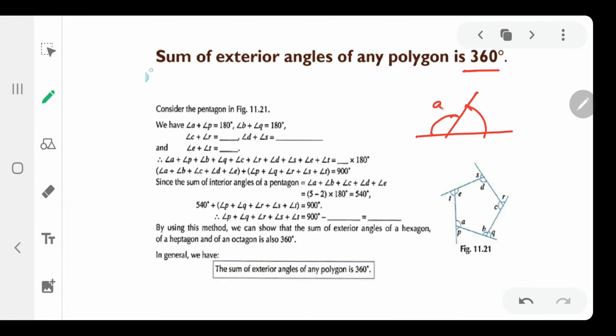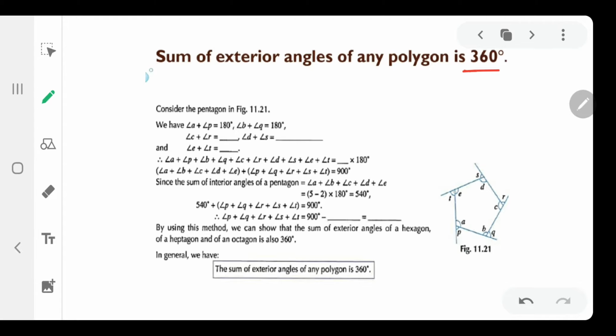This is angle A and this is angle B. Their sum must be A plus B equal to 180 degrees. We will use a similar concept to prove that the sum of exterior angles of any polygon is 360 degrees.